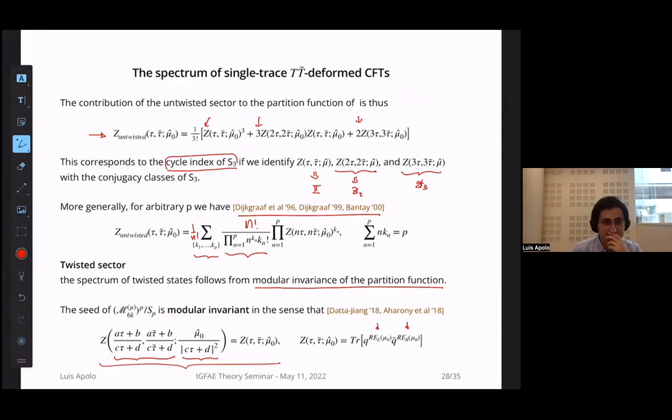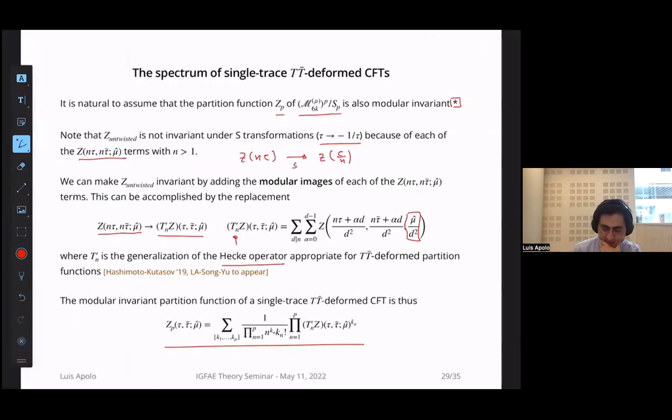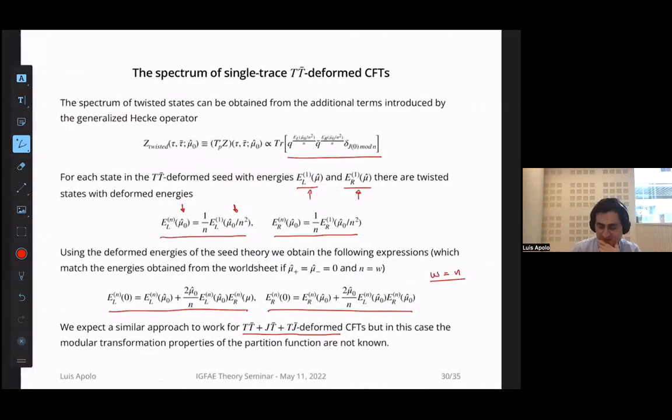It's a closed form expression. What one can do is try to expand in mu naught perturbatively and try to deduce the modular transformation properties in this way, and then resum the whole answer, and it resums into this.